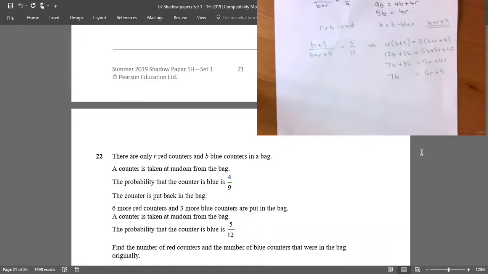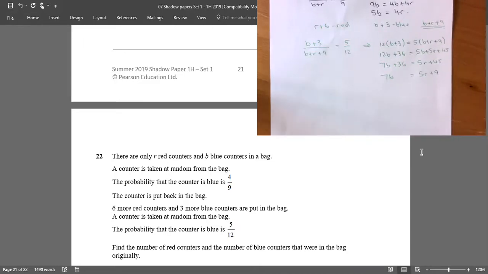So now I've got two simultaneous equations. 5B equals 4R and 7B equals 5R plus 9. So let's multiply this top one by 7 and this bottom one by 5.